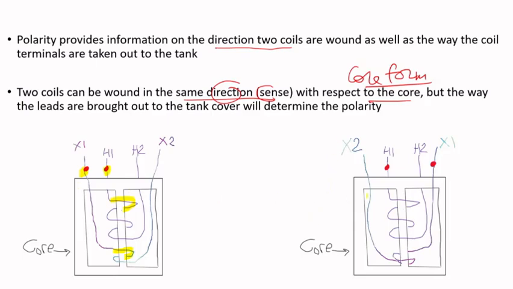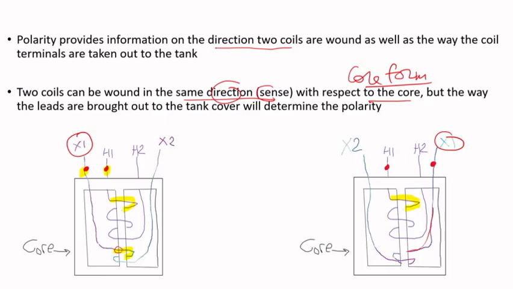So if I take the same coil here, you see the high voltage goes over, then under. For the low voltage, all I did here was, in this case, you see the X1 terminal goes over. Instead of over, I took it to this side, such that instead of showing to the left, it's to the right. So the only thing I changed is, the two coils are wound in the same direction.